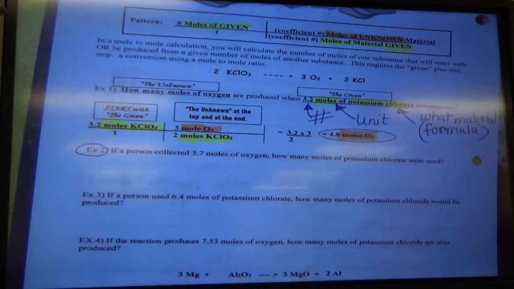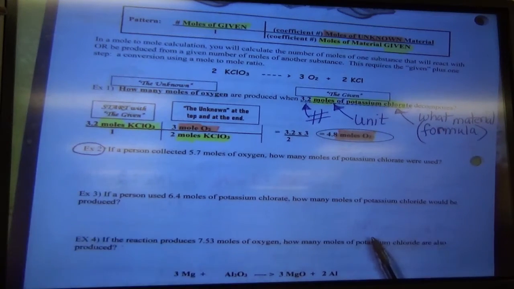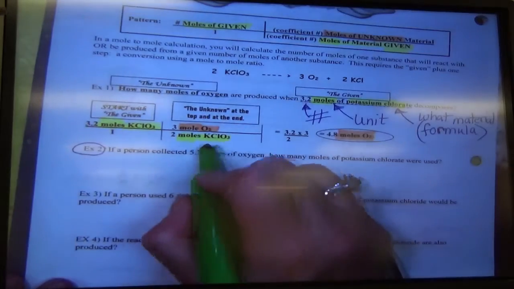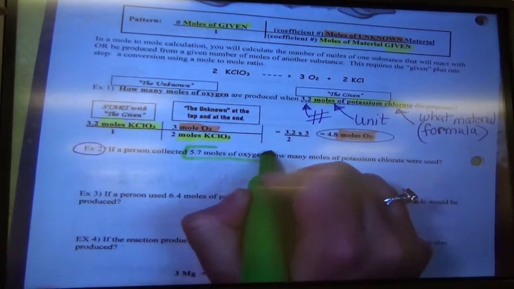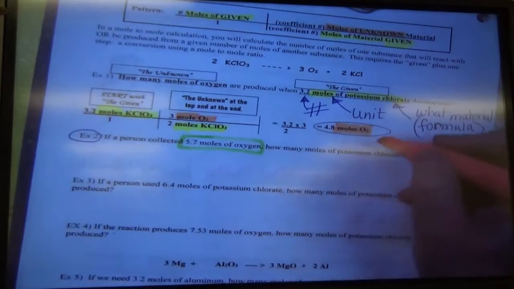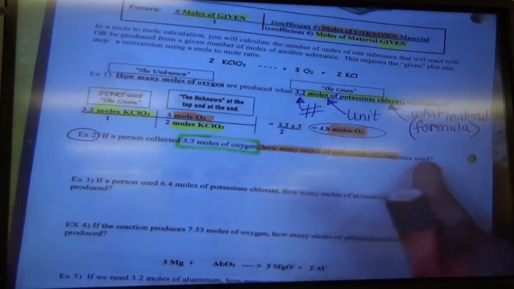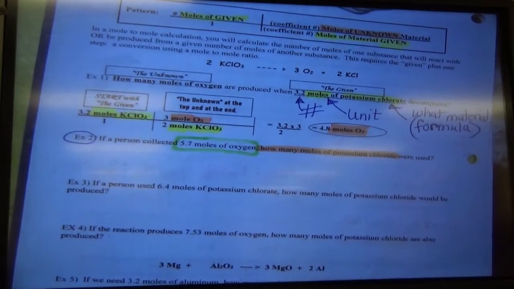All right, on this question right here. A person collects 5.7 moles of oxygen. Question is, how many moles of potassium chlorate are used? Okay, so let's set this up.